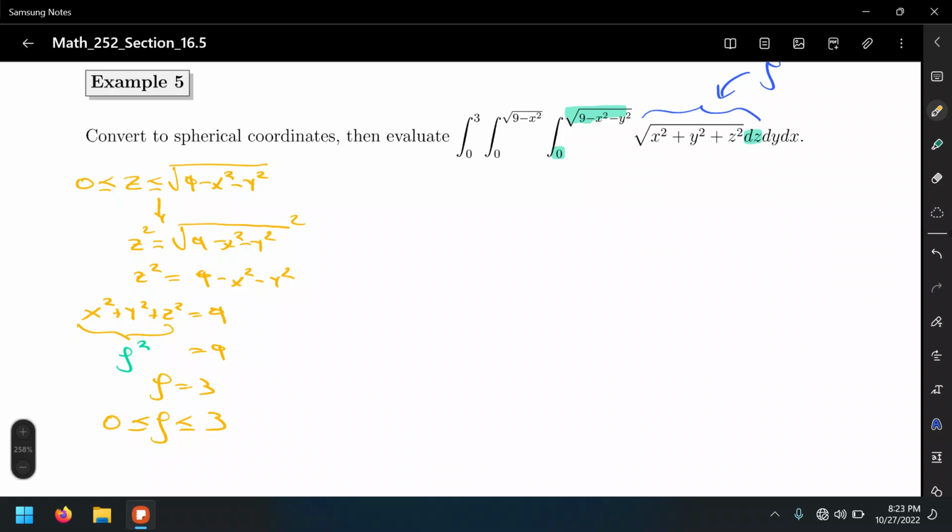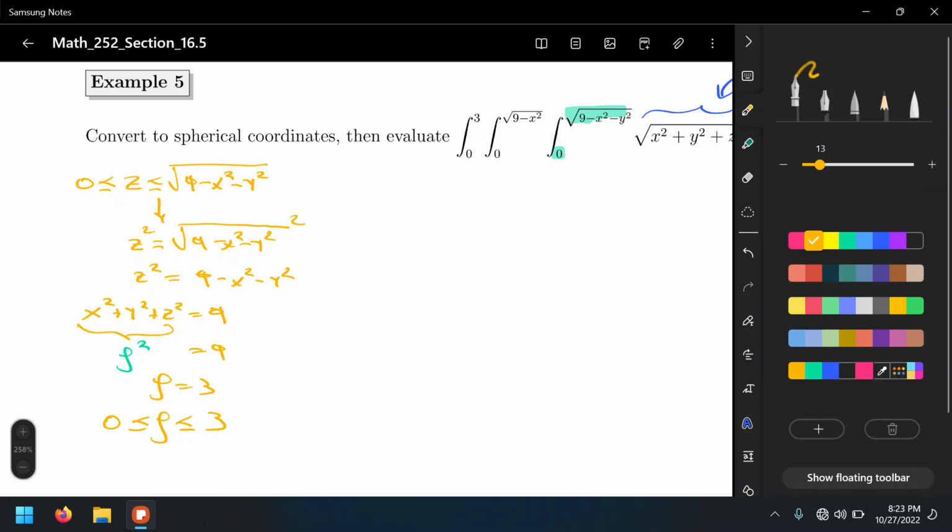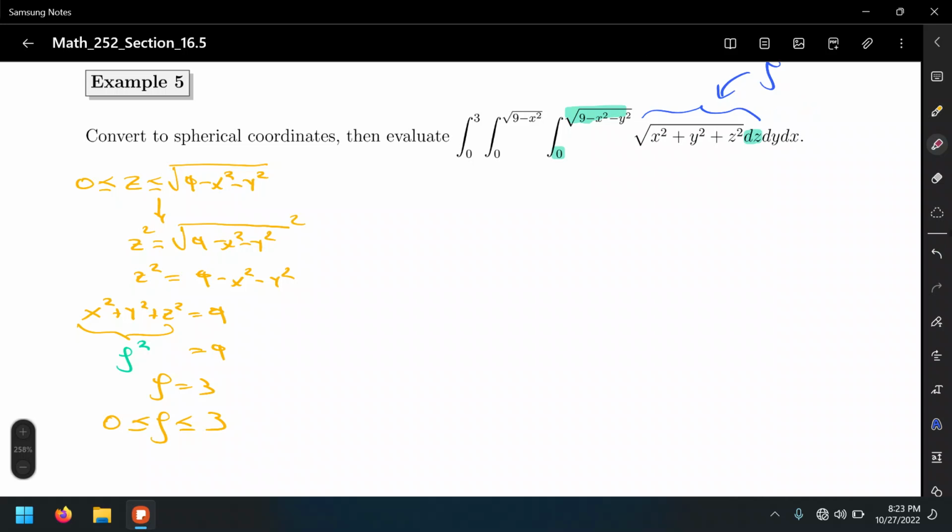Okay, what's next? What else can we get from here? One thing to observe, and be careful with this: the limits of the second inner integral.